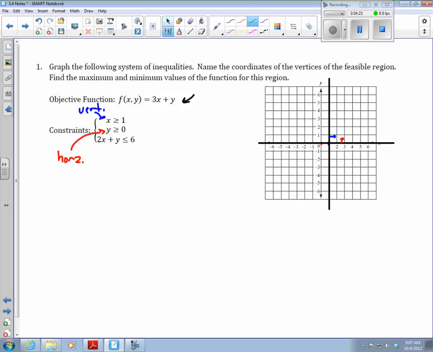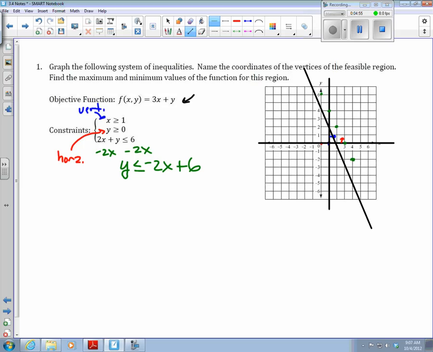Graphing this last line, I'm just going to solve it for y because it'll be quicker and easier. Y is less than or equal to, subtracting 2x from both sides. Or you could use your x and y-intercepts, that's fine. My y-intercept is 6. My slope is negative 2, so down 2 over 1. There's one vertex, down 2 over 1, down 2 over 1, and there's my other vertex. Throwing a line through this.